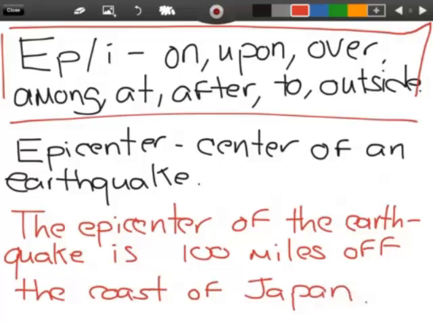I'm going to go ahead and read that to you. The epicenter of the earthquake is 100 miles off the coast of Japan.